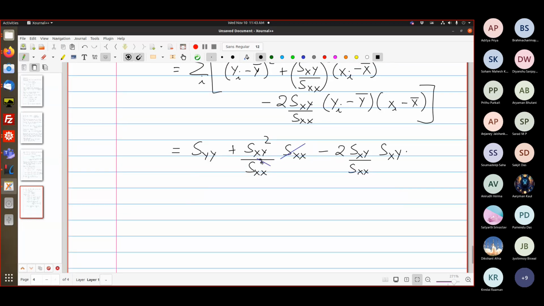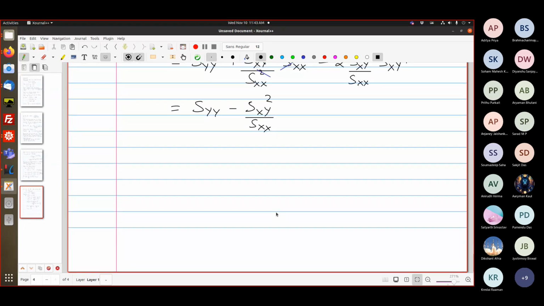If you notice carefully, these two terms are the same: this is Sxy squared by Sxx, this is minus 2 Sxy squared by Sxx, the same thing with an opposite sign. So this is precisely Syy minus Sxy whole squared by Sxx. To write it more symmetrically, this is Sxx Syy minus Sxy whole squared divided by Sxx. So this is a formula for SR.